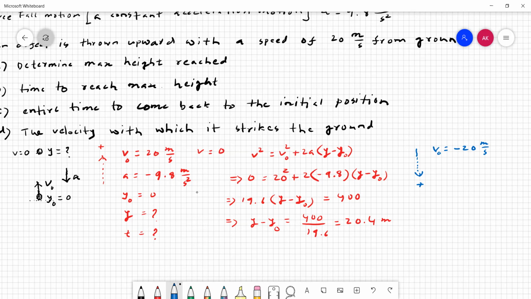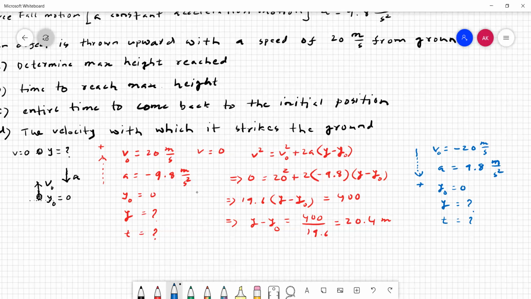Which direction have we drawn it? Upward. For that reason, v naught is negative 20. Then we write a. What will that a be? Positive 9.8 meters per second squared. And then y naught is 0. y is not known, and t we don't know.